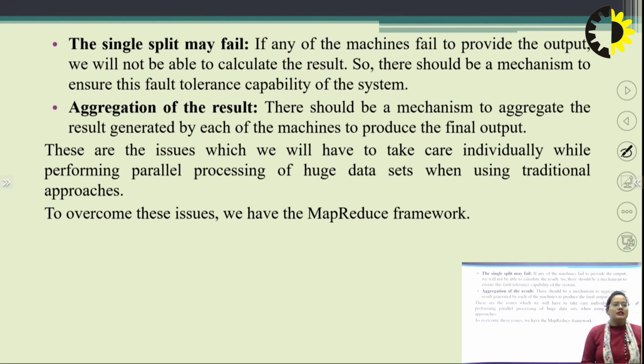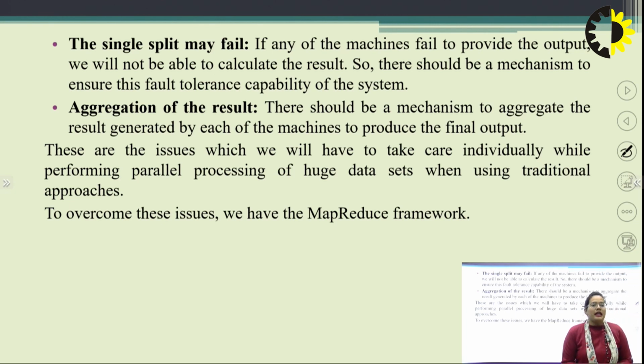The third challenge is that a single split may fail. If any of the machines fails to provide its output, we will not be able to calculate the result. So, there should be a mechanism to ensure fault tolerance in the system. The last challenge is aggregation of the results.